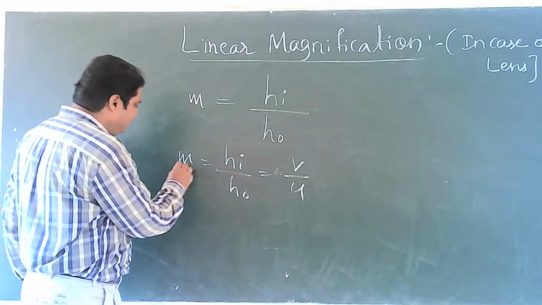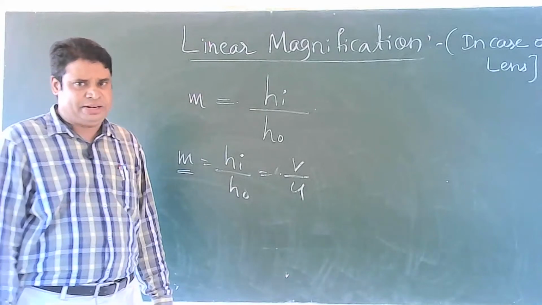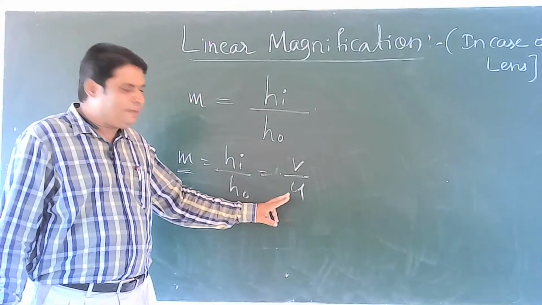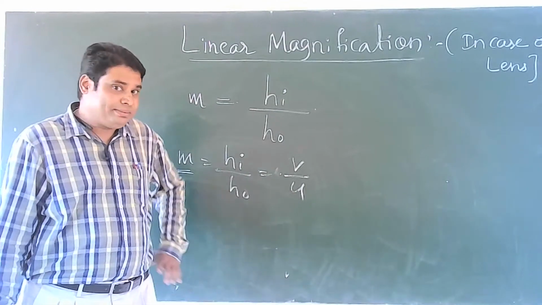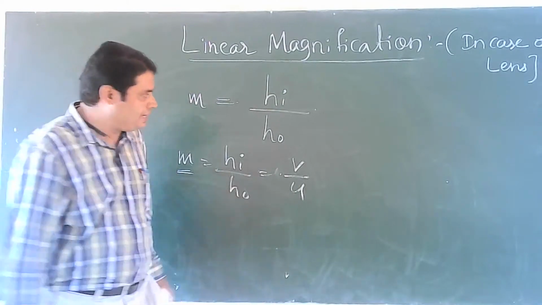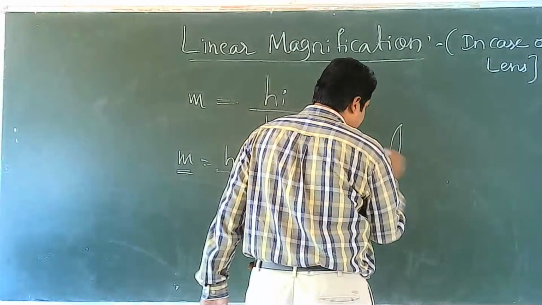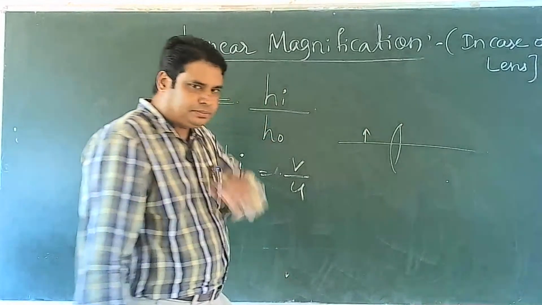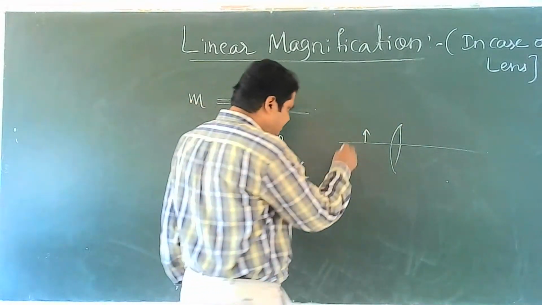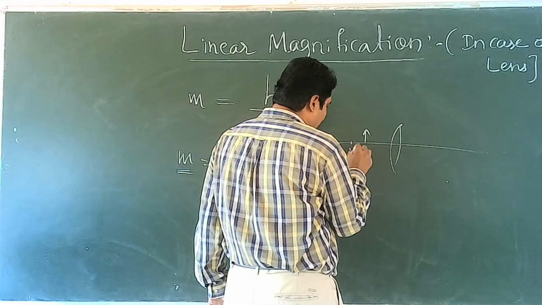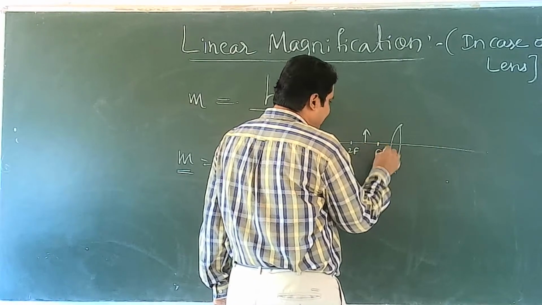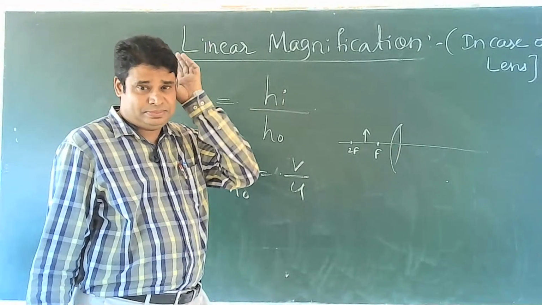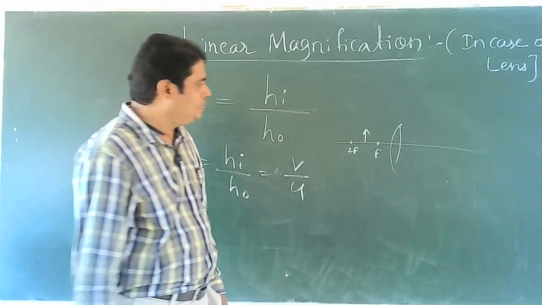By using this magnification, you can understand what happens if U is greater or U is less. See here, if you place your object between 2F and F, what do we observe?